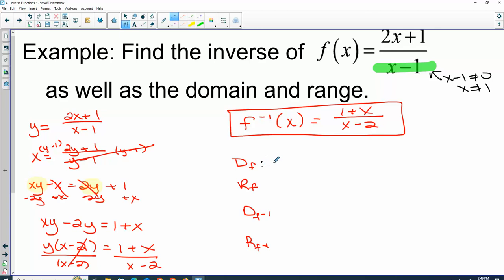So the domain of my original is everything except 1. Negative infinity to 1, union 1 to infinity. The domain of the original becomes what? Because the x's become the y's. So if I know the domain of my function, that is the same as the range of my inverse.